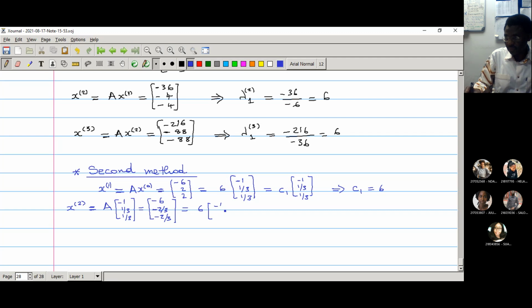Right? So when you factor by 6, it means that you divide everything by 6. Right? So if you divide by 6, this is -1 by 9, right? Are we together?